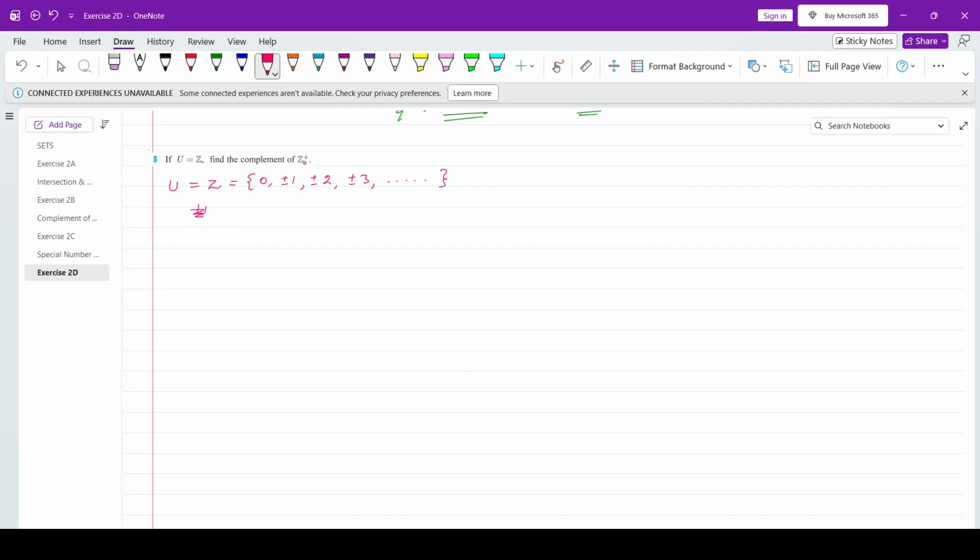Find the complement of Z plus. We also know Z plus is a set of positive 1, positive 2, positive 3, and so on. So the complement of Z plus, Z plus prime, is going to be 0, comma, all the negative integers. So this is our answer.